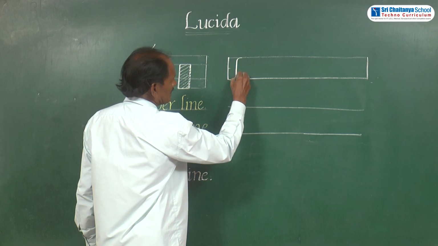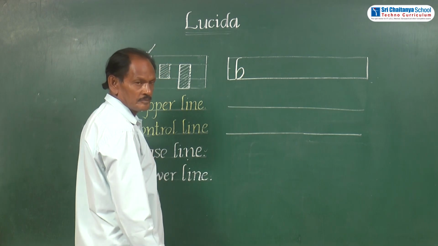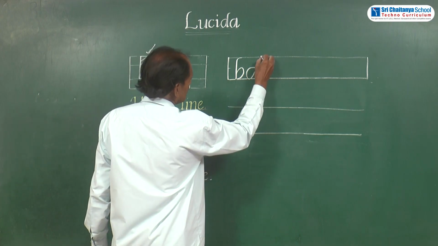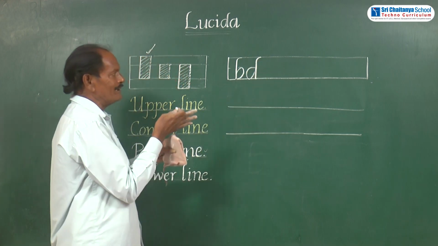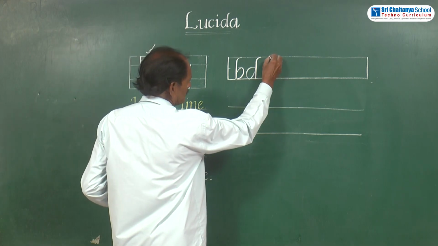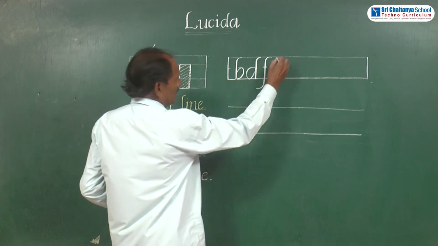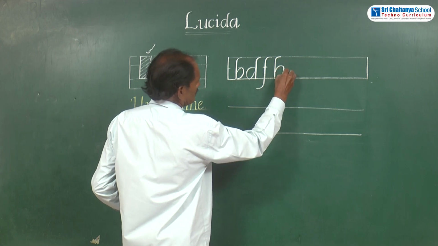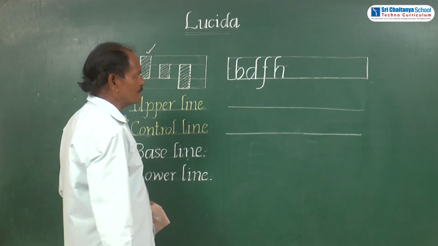After writing this stroke, the vowel shape should be written like this. After writing this vowel shape, these 2 should be up to the middle of this 2 lines pattern. Next, F. H. This is also up to the half of the 2 lines pattern.